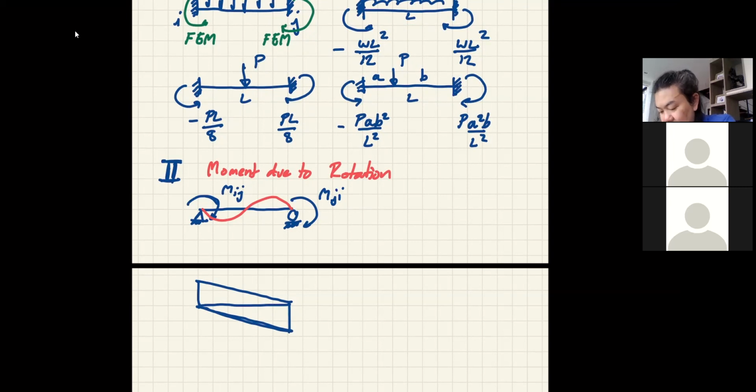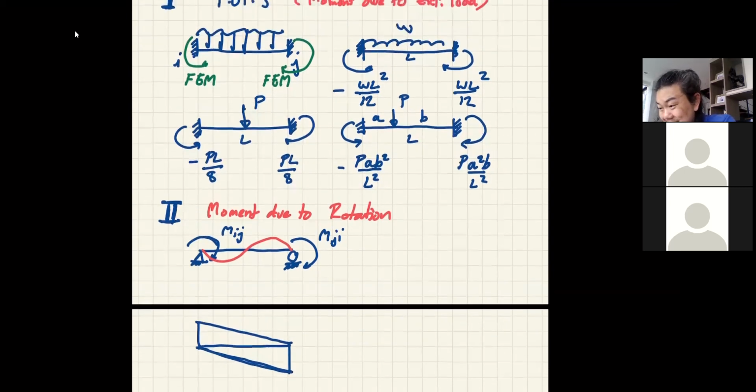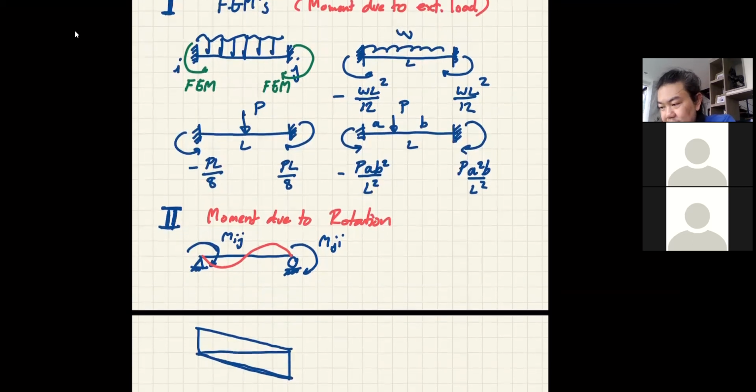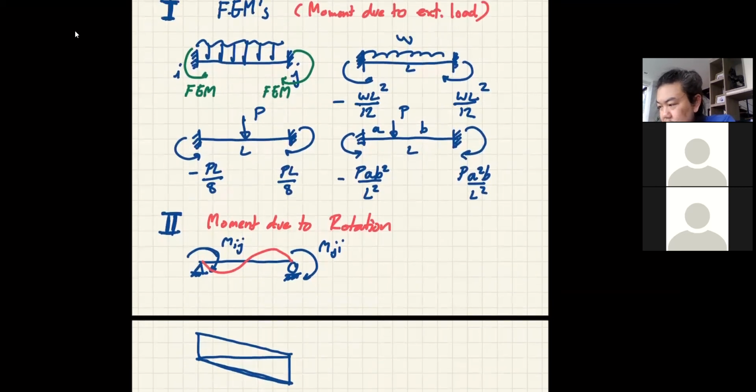Let's say this is Mij as well, but based on fixed end moment, I should call this Mij, and this is Mji, but this is based on the load. And now this is based on rotation. So I'm just going to put a dash in here to differentiate them. Okay.